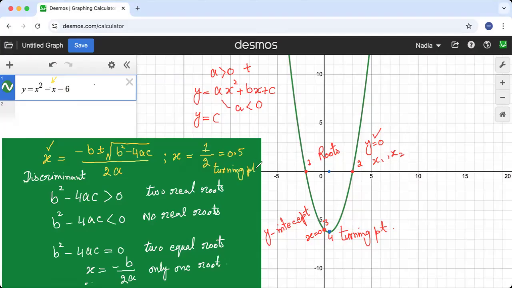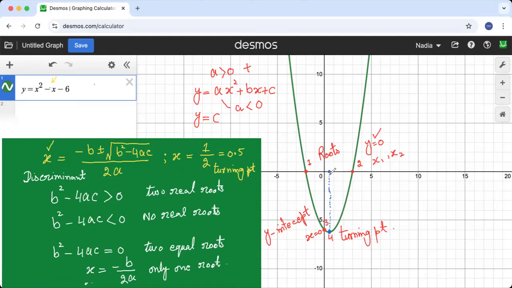If this is the turning point, you can also see that if, for example, we draw the line x equal to half, then that line will be parallel to the y-axis, because the gradient is infinite.